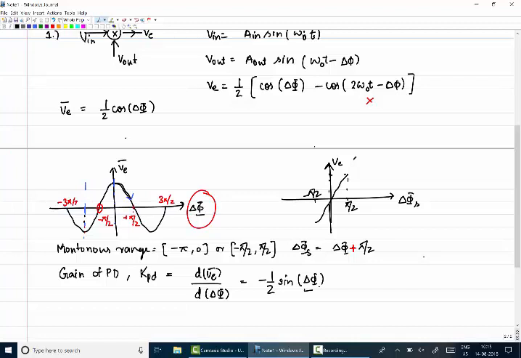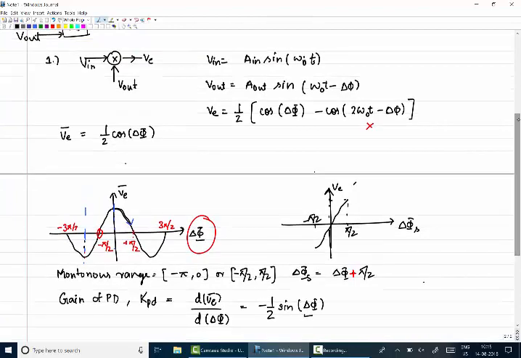So is there any way to find whether, let us say if I started in place of sine with cosine, right? What will happen?